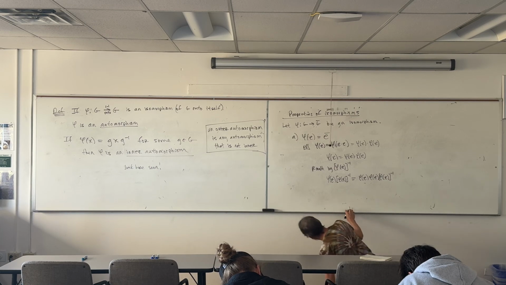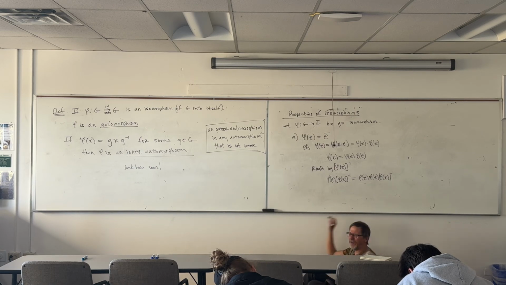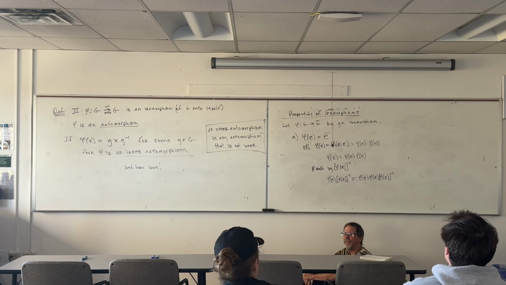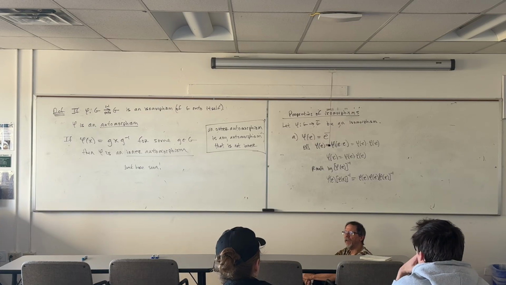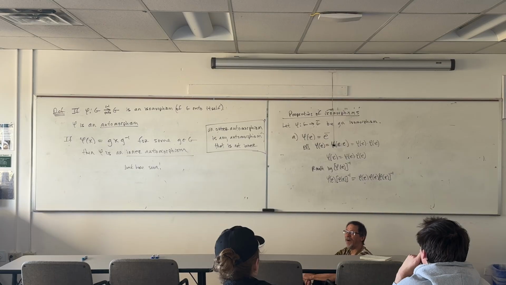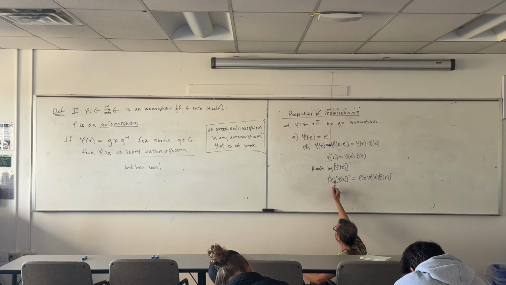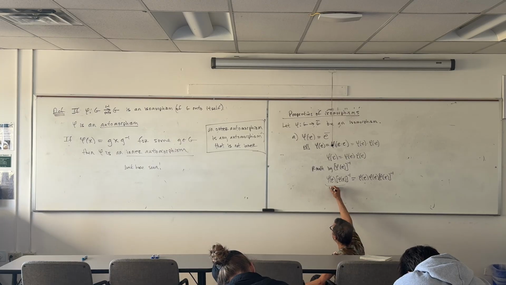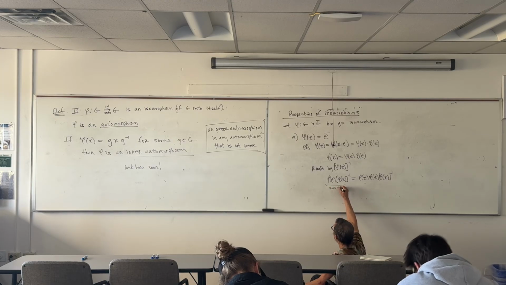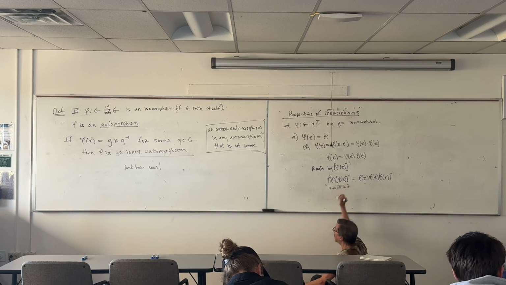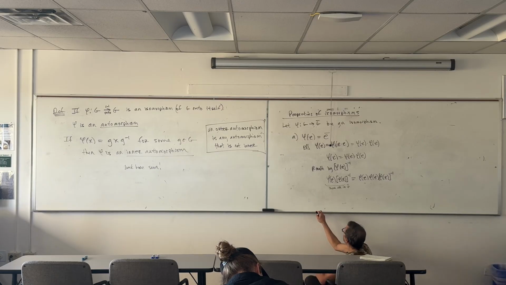What's the left side simplify to? E. Is it in G or is it E bar? It's G bar, because the output, these are elements in G bar, so just keep a note. All this stuff is in G bar.